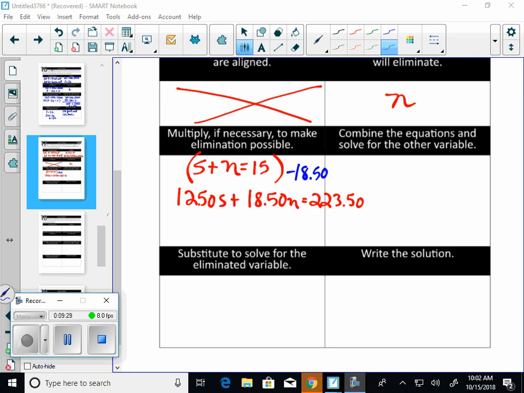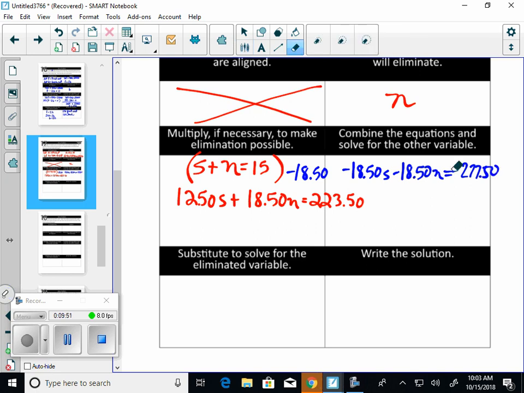All right, so when I do that, then I get a negative 1850S minus 1850N equals negative 277.50. And with that, I'm going to solve for one of the variables. So I need to erase so I have some room.